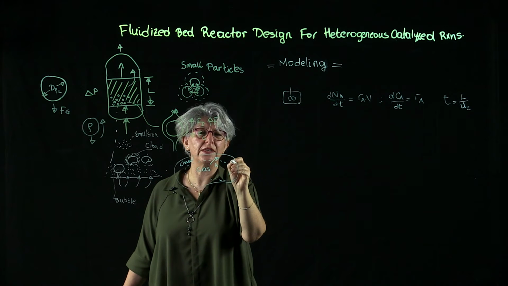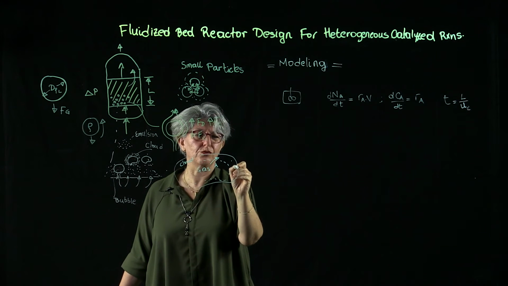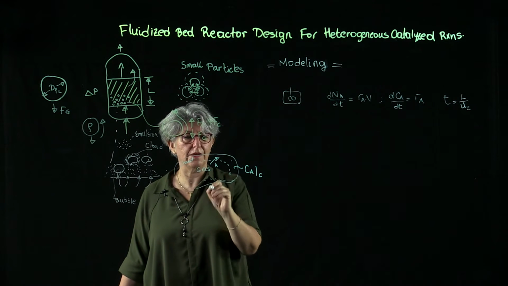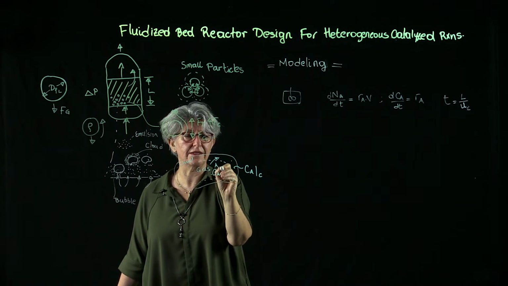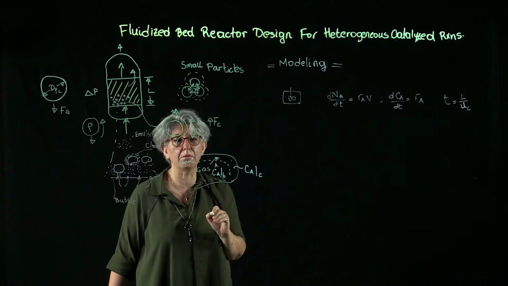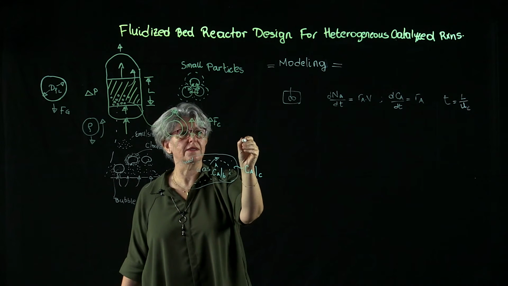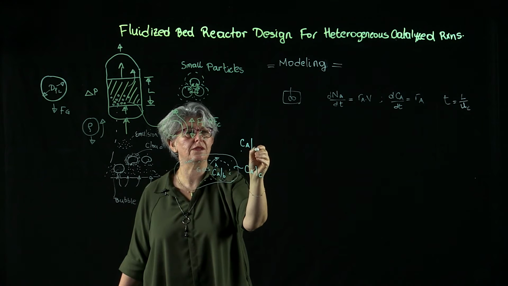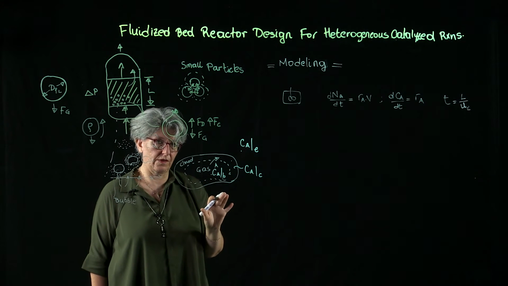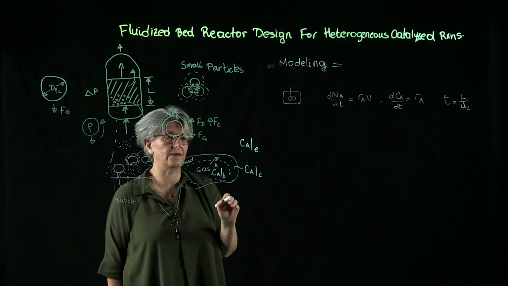So here we are going to take a concentration gradient. We're going to call this CA of the cloud, while we're going to define the concentration here as CA of the bubble, B indicating bubble, C indicating cloud. Then we have here in the bulk CA of the emulsion. And we're going to treat all those transports as simple convective transports of species.